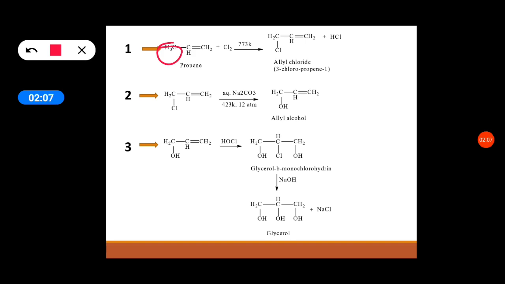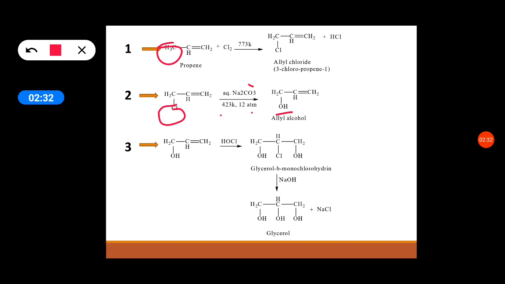So allyl chloride or 3-chloropropene-1 is obtained. Allyl chloride, when treated with aqueous sodium carbonate at high temperature and pressure, that is 423 Kelvin and 12 atmospheric pressure, the Cl group is substituted with OH group, which gives allyl alcohol.